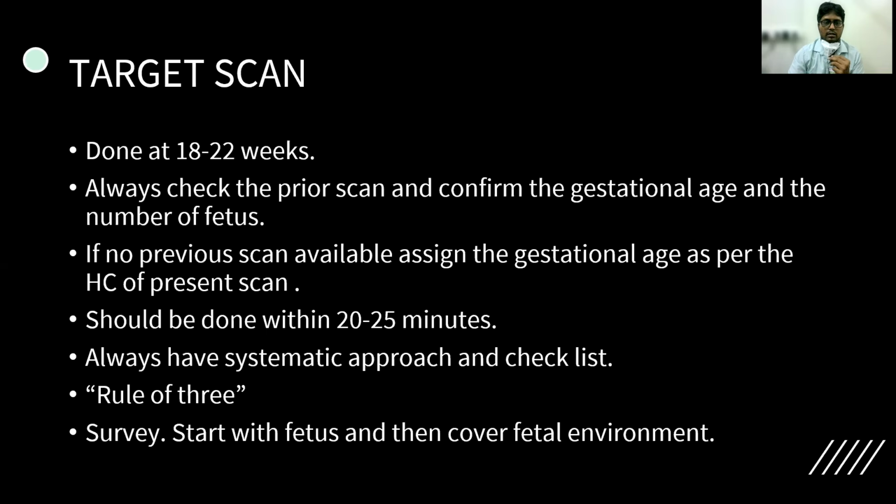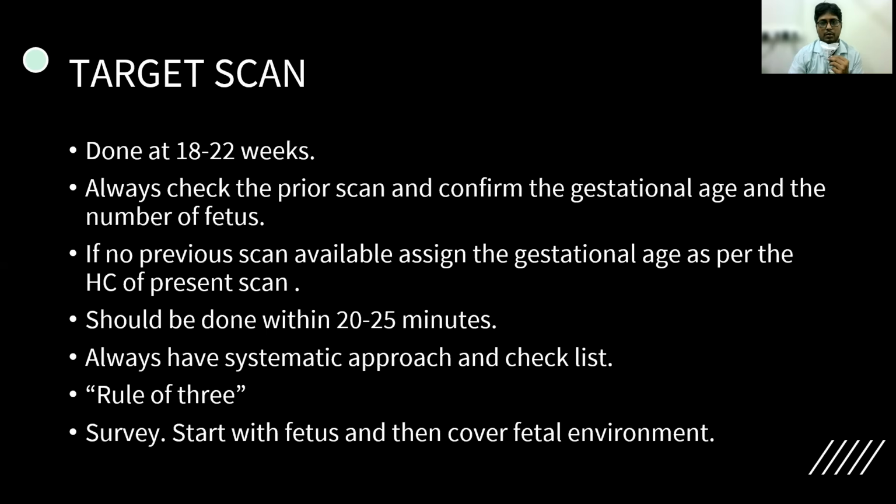A target scan is done at 18 to 22 weeks, even earlier in some cases when the mother has had a previous history of an abnormal child. And there are a lot of other things that we have to remember for this target scan.